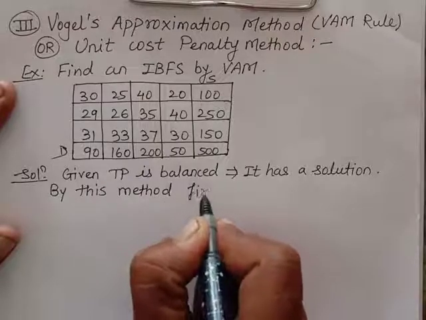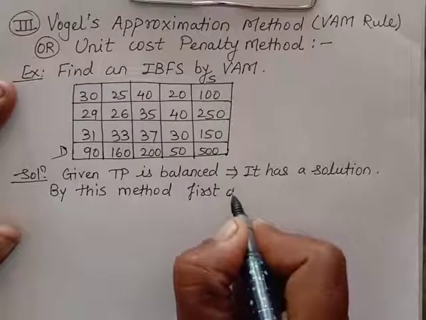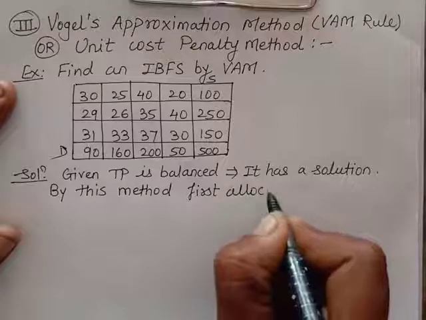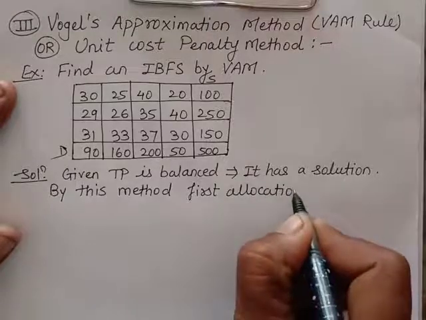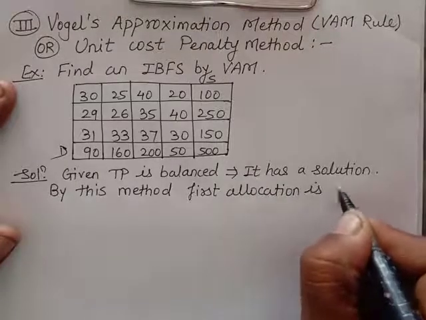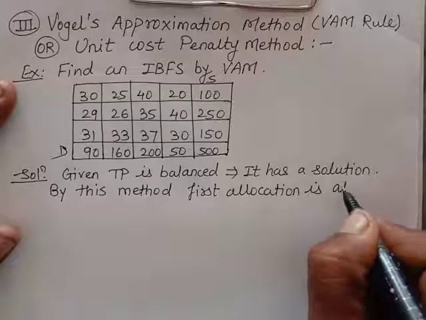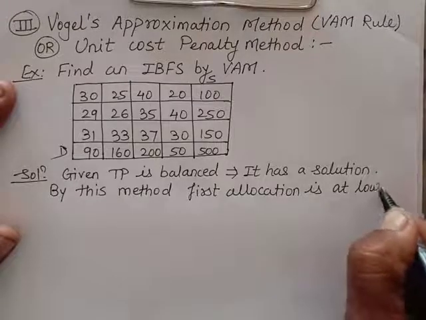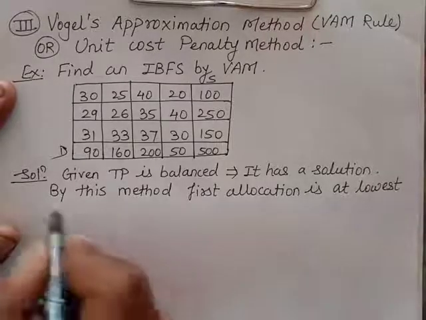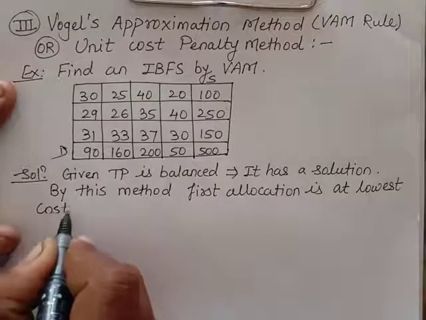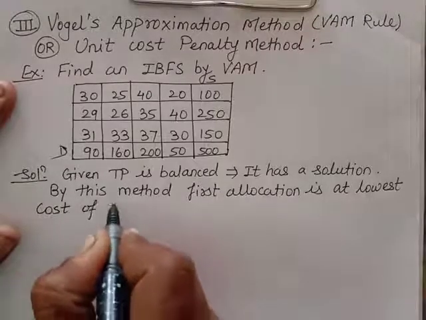Okay, now by the VAM method, the first allocation is at lowest cost of highest penalty.